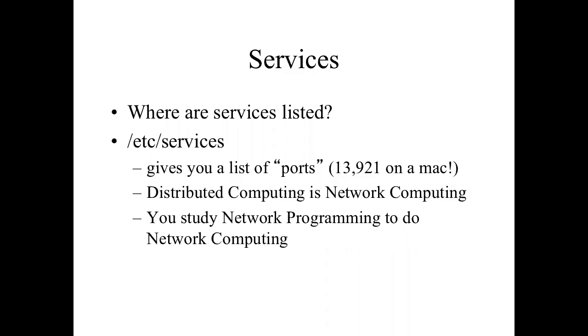They're not all active. And when you're trying to do computing on a network, you need to know about the services. And when you do network programming, which is a form of network computing, you're going to end up writing your own services. So you'll be using ports that are not already occupied by the /etc/services list, or else it creates a conflict.